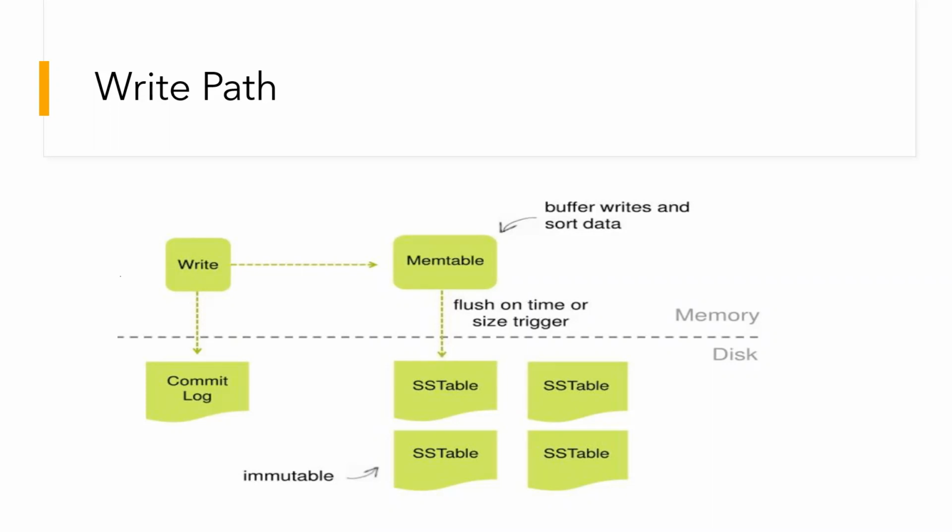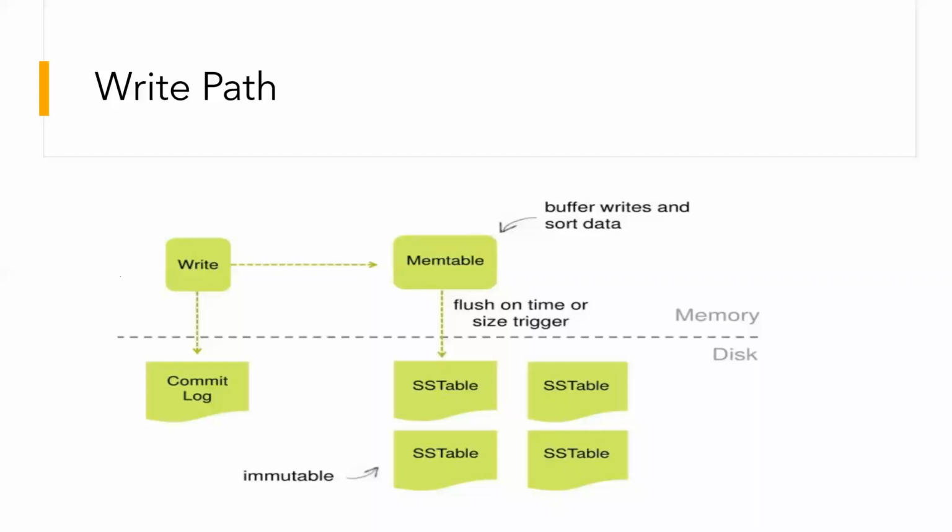Whereas in your mem table, your data is sorted based on your final storage of your partition keys. So mem table is more of a sorted structure, which eventually flushes into an SS table, which is on a disk. An SS table is an immutable sorted string table, stored based on your partition keys.